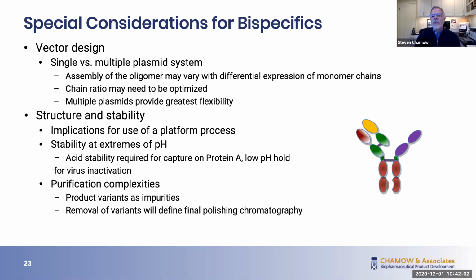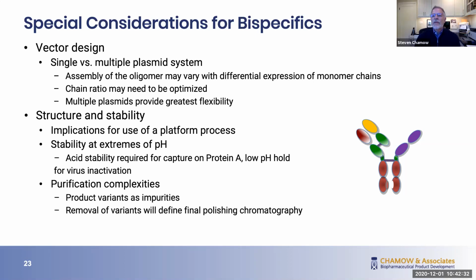And so we end up having a significant issue with variants of the product, which are inactive forms of the product that are assemblies of oligomers that are not the desired assembly.